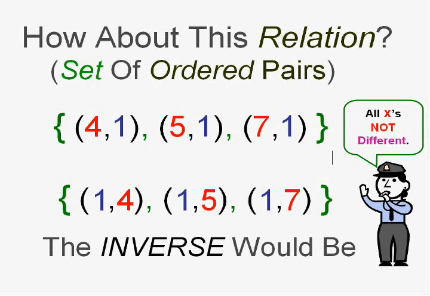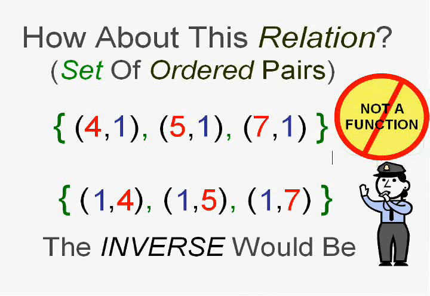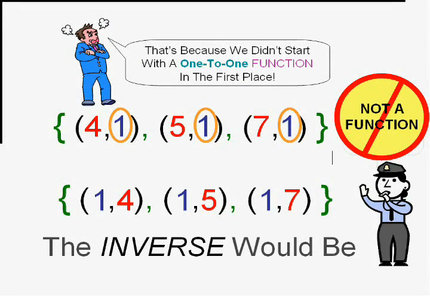And the reason for that is that the original function wasn't a one-to-one function, was it? It was a function, but it wasn't a one-to-one function. So we'll have to start with a one-to-one function in the first place to even have an inverse ever.